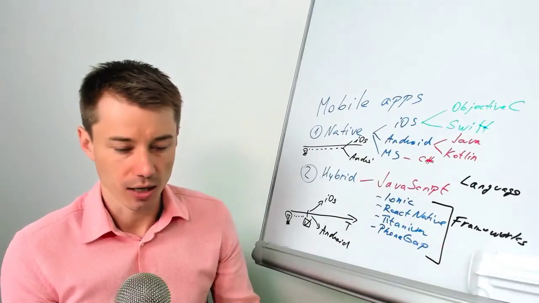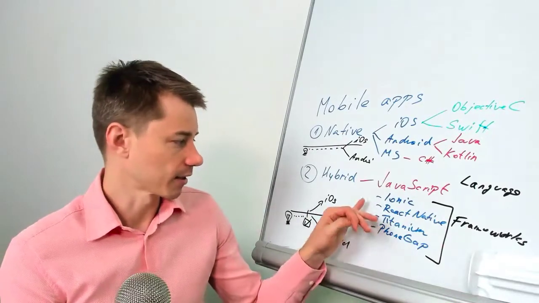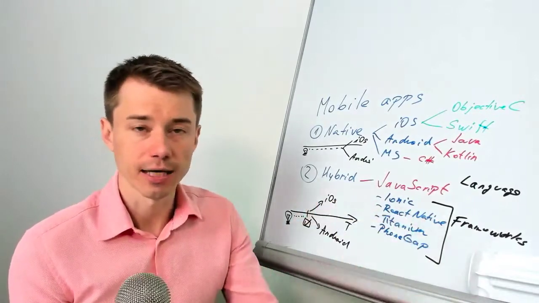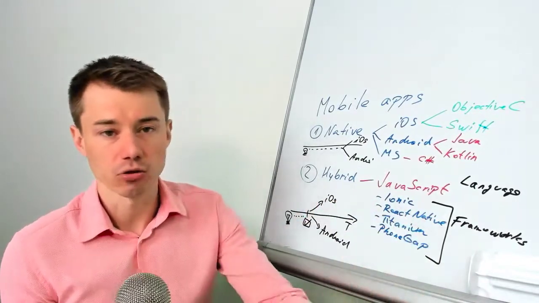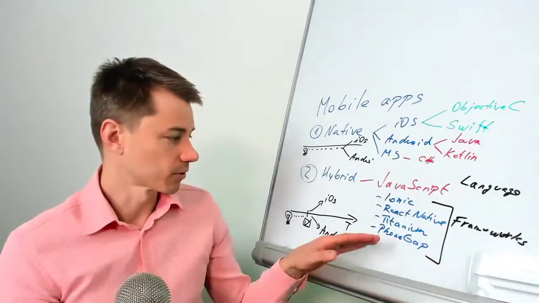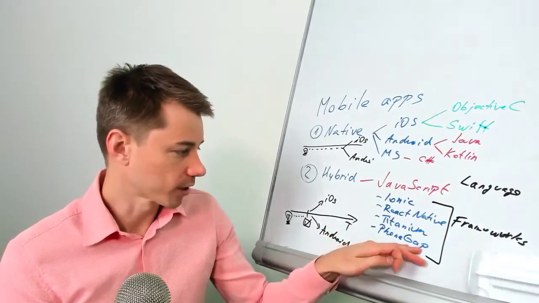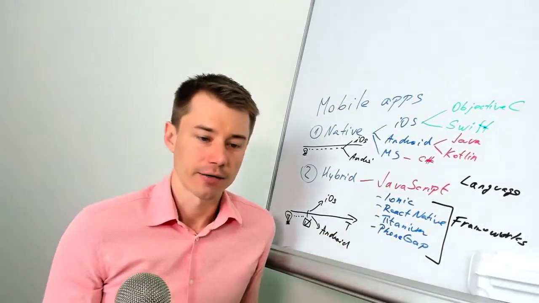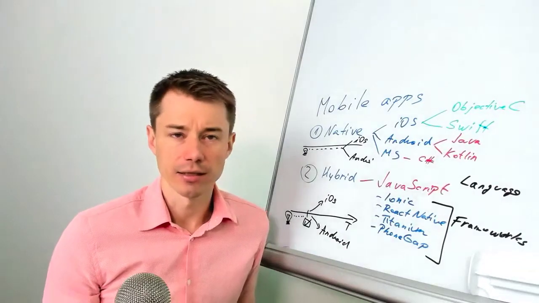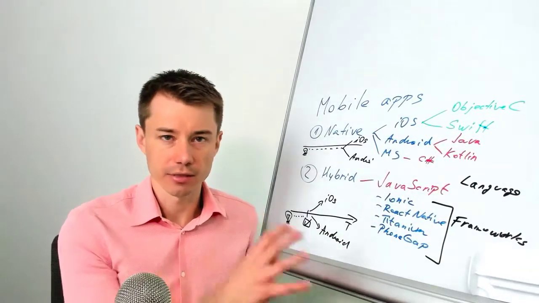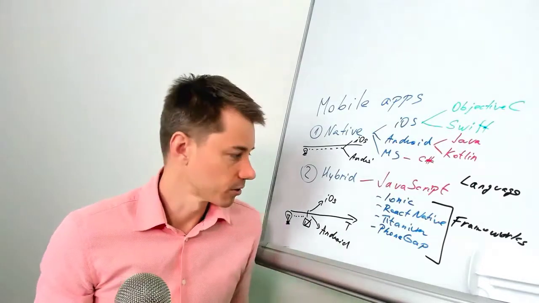So say there would be a client looking for a React Native developer, and I cannot really find anyone in our database or on LinkedIn or in your connections, then I would start, for example, searching for someone who works with PhoneGap. And the developers who work with PhoneGap are, at least from my experience, already a little tired of PhoneGap, and especially in my eyes, this technology is a little obsolete.